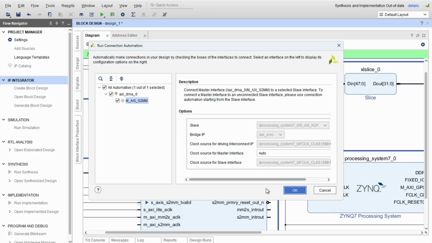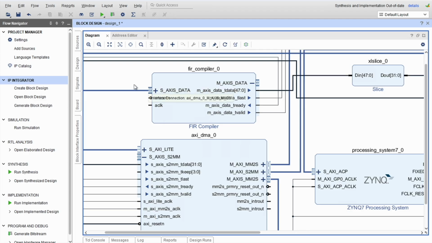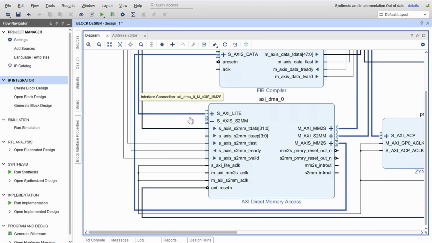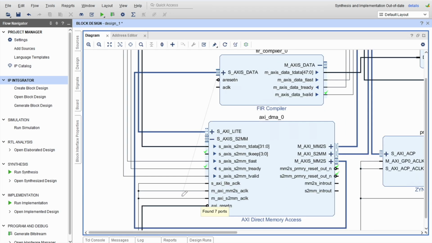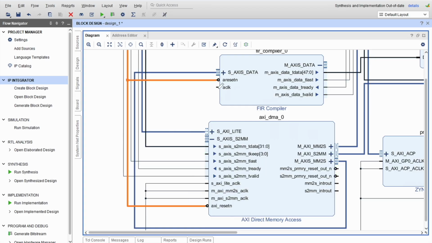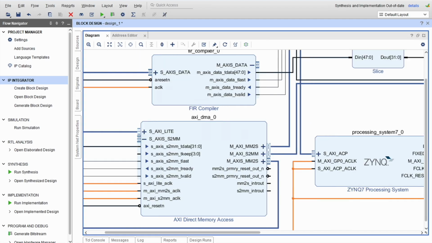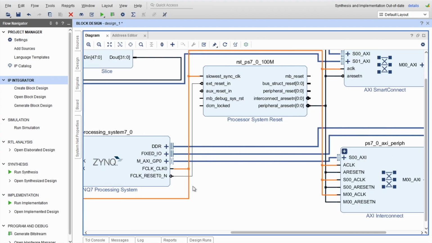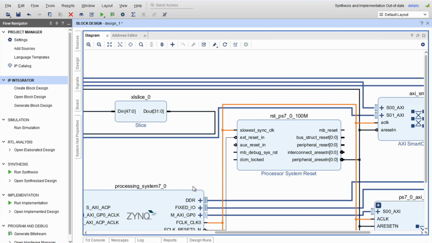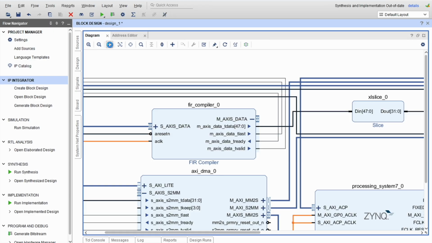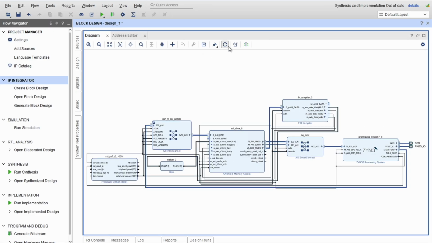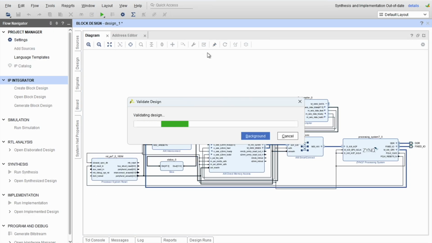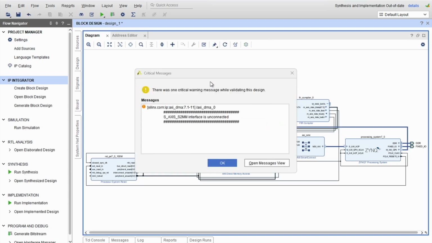And next step is to run automation connections for all of them. And after this, we will connect the A reset Ns and the A clock. Look around if you can see anything that has not been connected. I will now regenerate my layout and validate our design.